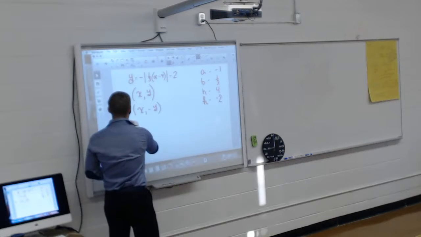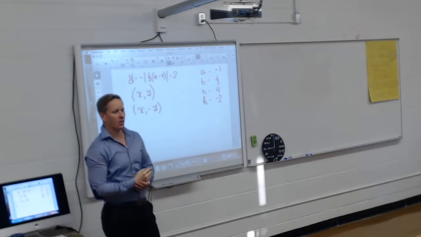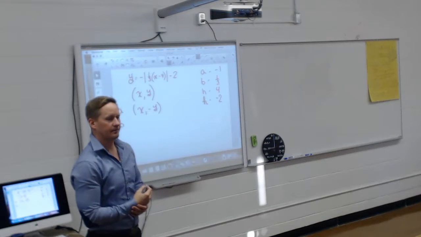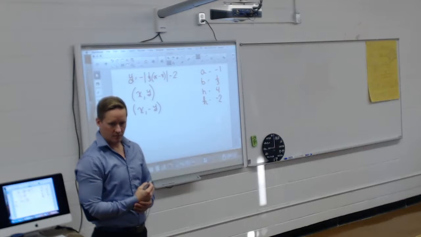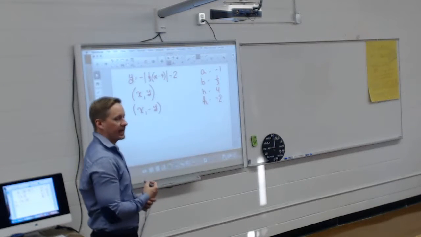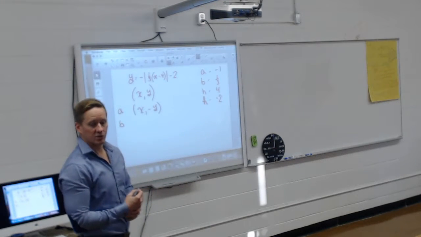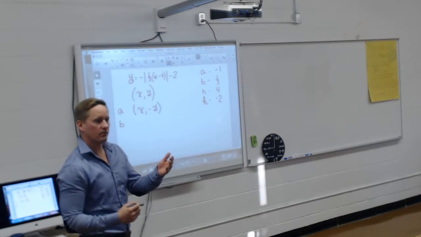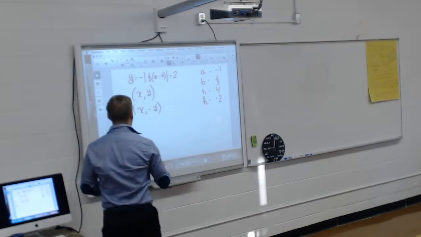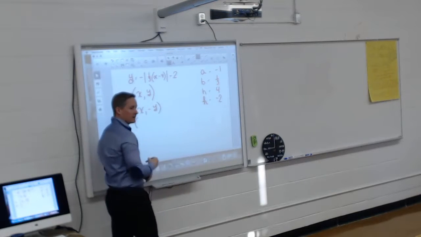What does B do to the coordinate? By a factor of what in this case? 3. Okay, so I have to divide by a third, or multiply by 3. So what's going to happen to x?